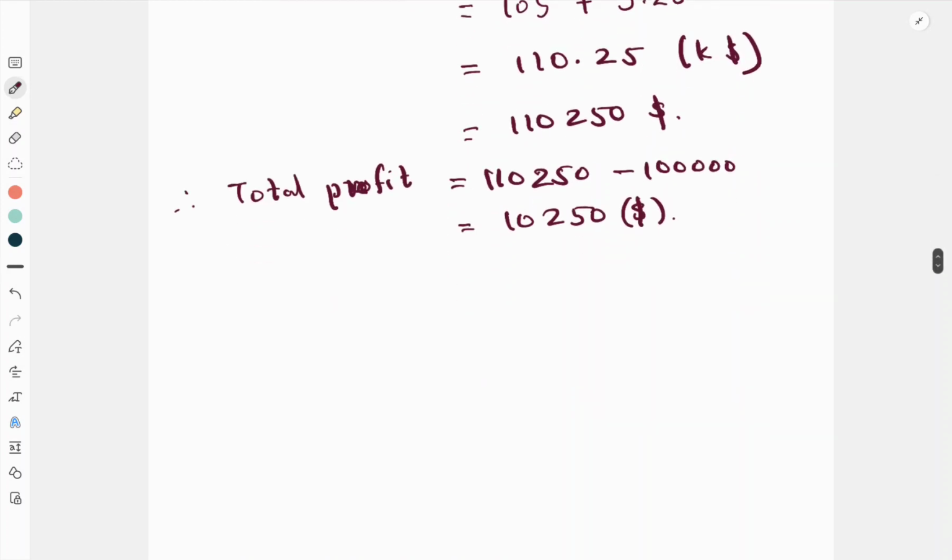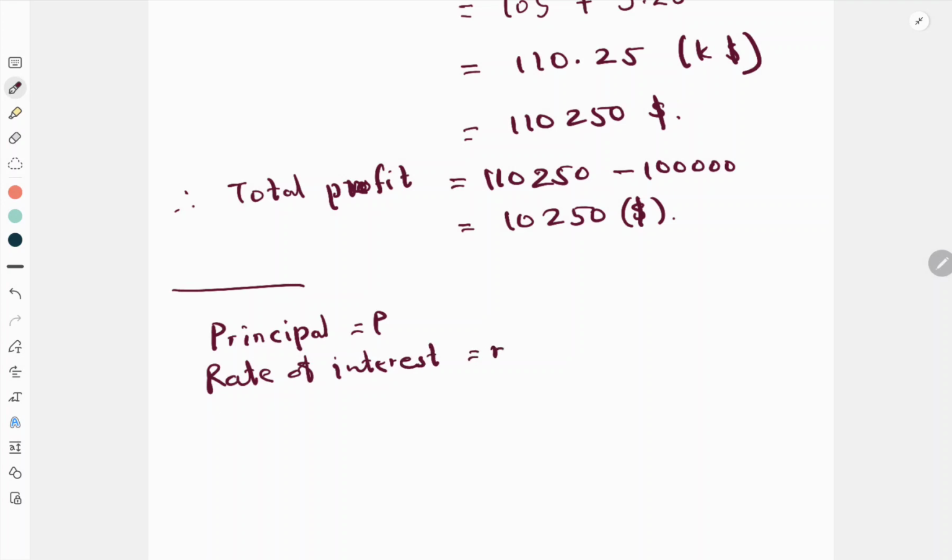So in general, suppose your principal, the starting value, is P, and rate of interest is R, let's say per year.